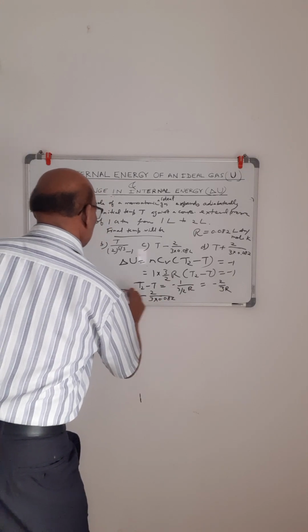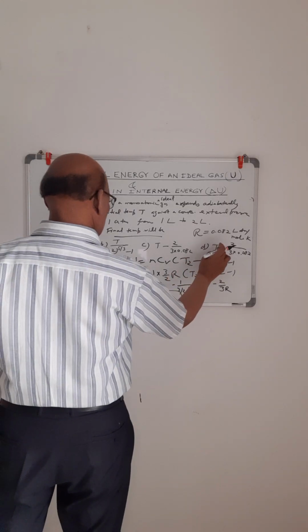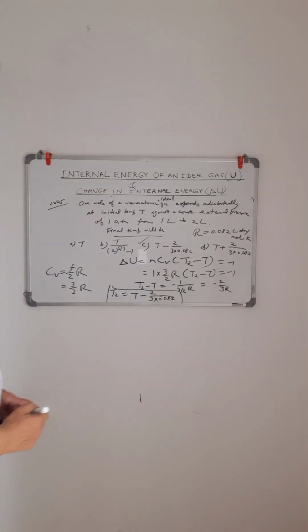So this is the T2 value, which is matching with our option number C. So C option is correct.